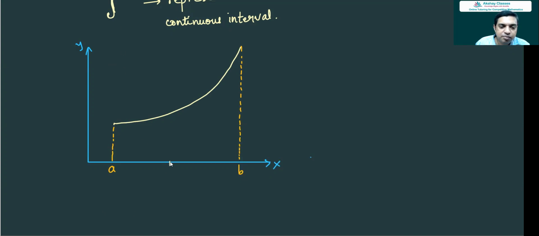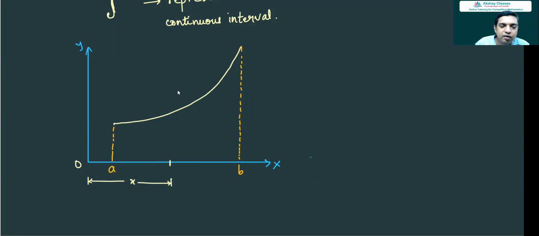Now this is any point x, and the distance of this point from the origin is x.